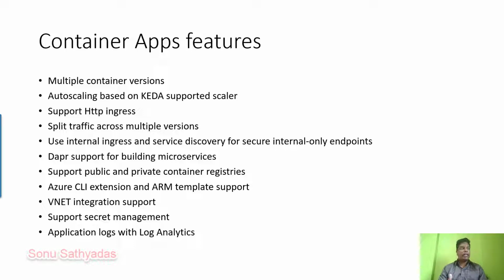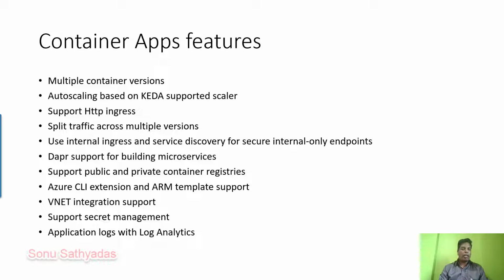You can split the traffic across multiple versions of your application. That means you can deploy multiple revisions of your application, and you can split your traffic. Like if I have version 1.2, then I can say, okay, 20% of my traffic should go to that, and version 2.0, and 80% of the traffic should go to that.